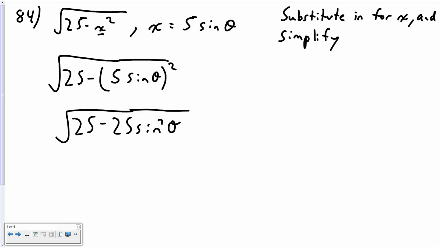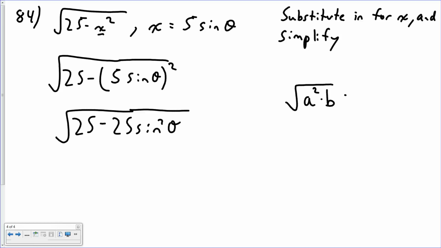You want to be able to pull numbers out of this radical. The way to pull numbers out of a radical is to look for perfect squares. But in order to pull out perfect squares of a radical, they have to be multiplied under the radical sign. The idea is that if you had the square root of a squared times b, notice that a and b are multiplied here. This is multiplication.